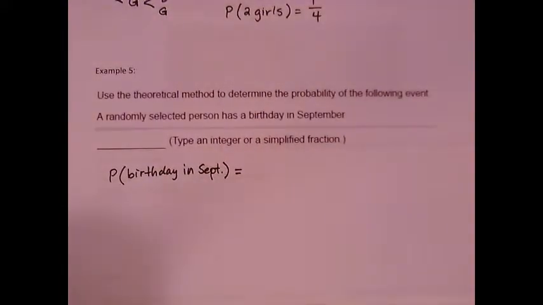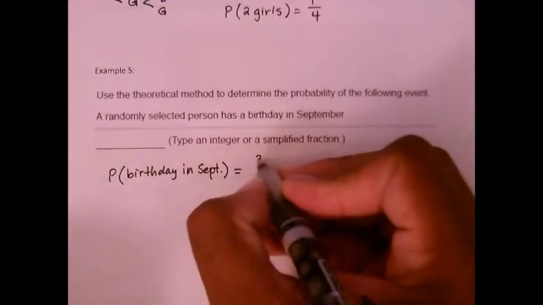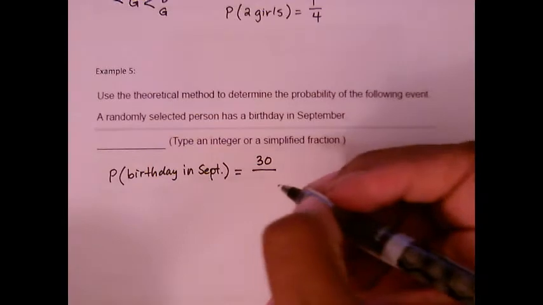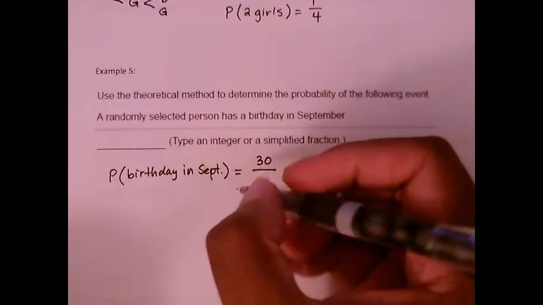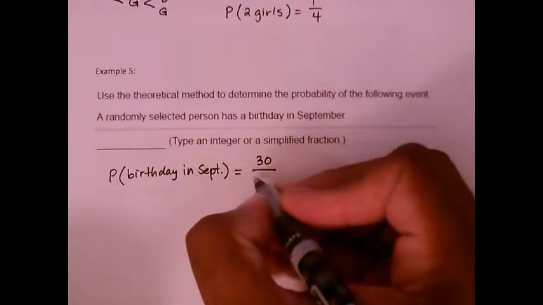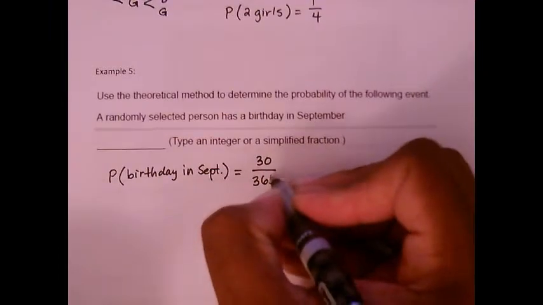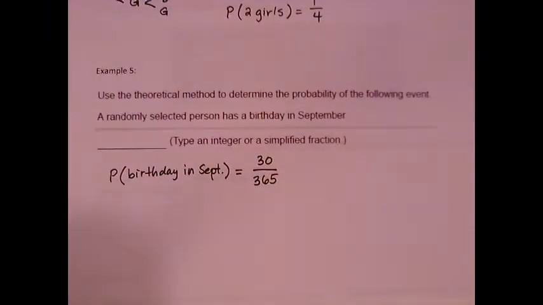Now, we have to think of this. How many days are there in September? In this case, there are 30 days, meaning that there are going to be 30 birthdays during the month of September. So it'll be 30 divided by, in this case here, there are 365 days in a year. So it'll be 30 divided by 365.